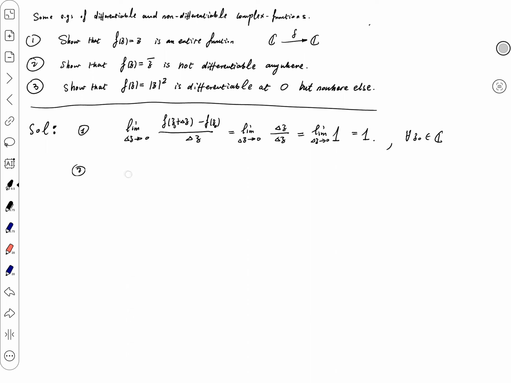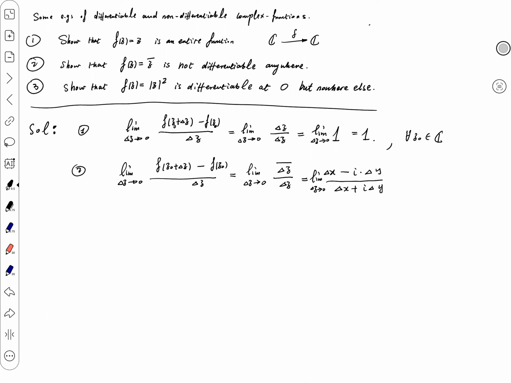Secondly, if we take the complex conjugate, this would be delta z bar over delta z, which is, let's see, delta x minus i delta y over delta x plus i delta y.